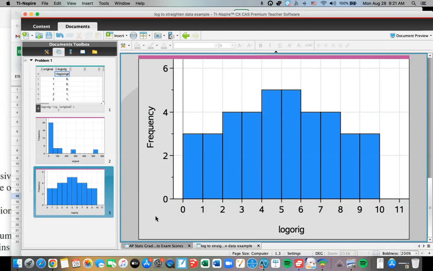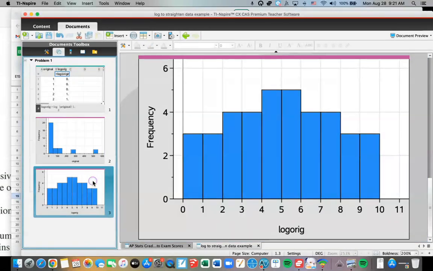Just know it's out there. Be ready to talk your way through it a little bit. You don't have to do too much work with it, but just knowing that it's out there and you can make sense of it, right? Oh, we took the logarithm. The hard part is realizing that this down here now does not represent the original data. It's the log of the original data.